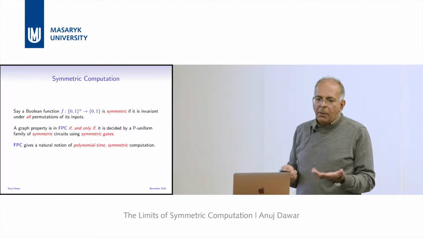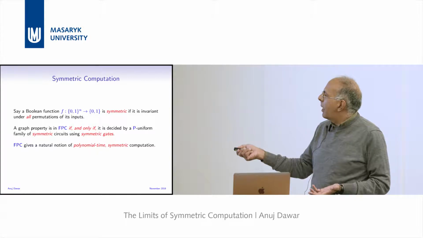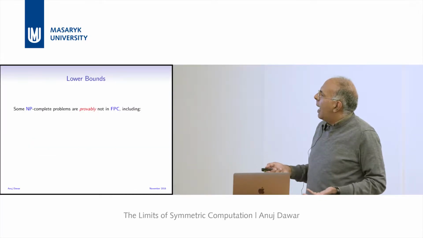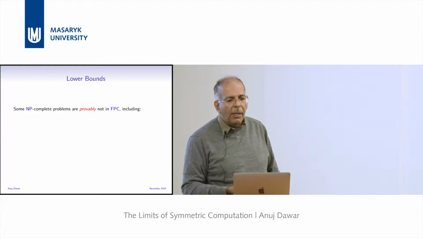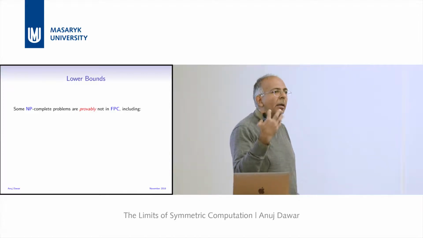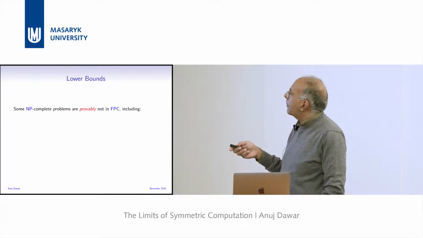And now, it turns out, we can actually prove lower bounds for this. I already told you that translating these into, say, getting rid of the majority gates would require breaking symmetry. And we can prove something more. We can show that some NP-complete problems are provably not in FPC. So provably, they do not admit polynomial time symmetric algorithms.